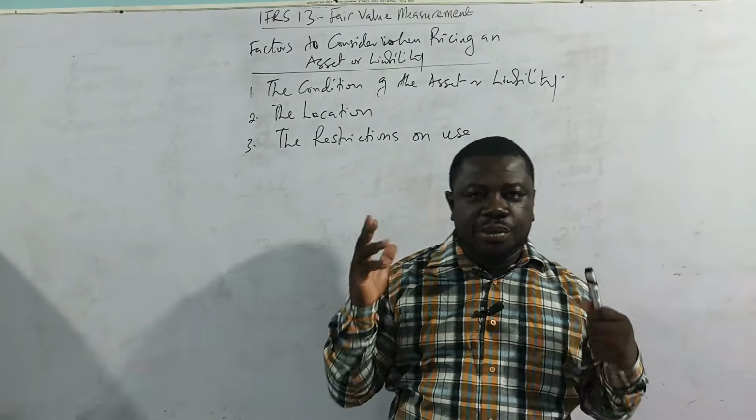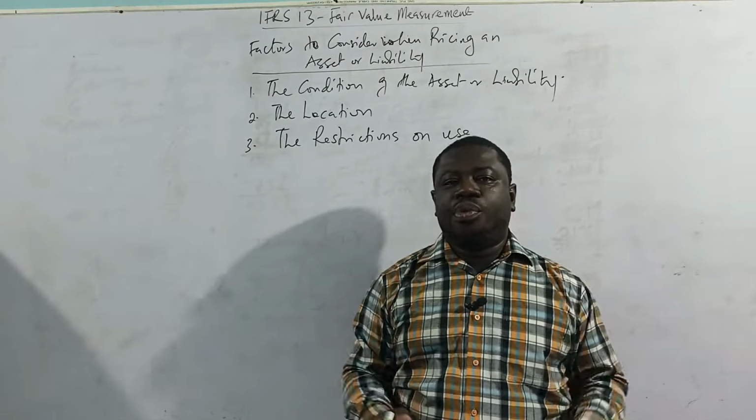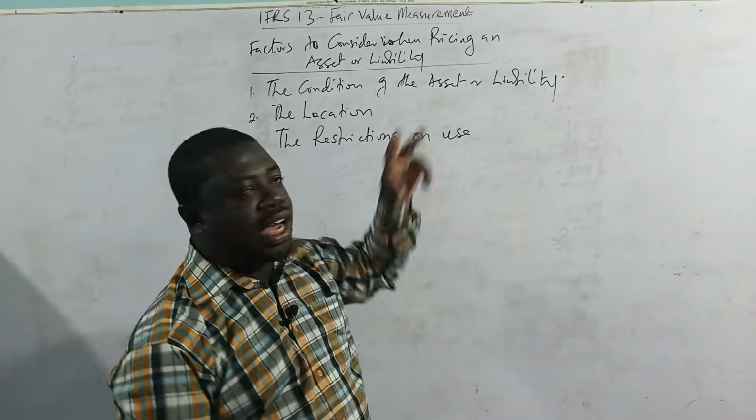So now that we have been able to do this, let us also look at the approaches for determining the fair value of an asset. We have looked at the factors to consider when pricing.